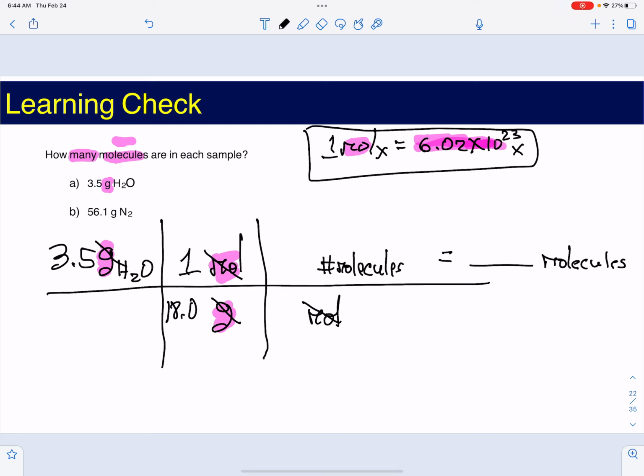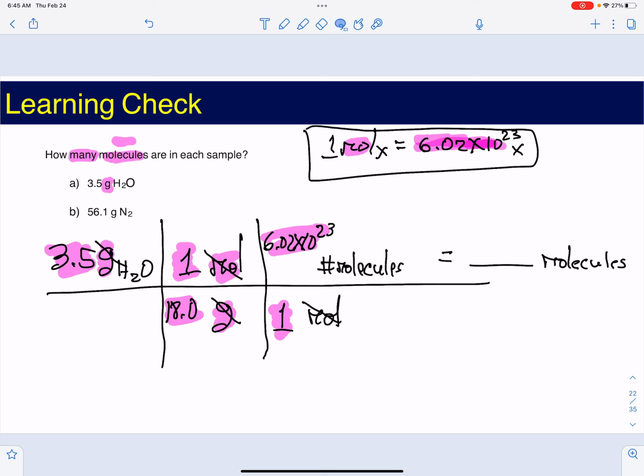Every time we're counting how many we have, it is the Avogadro's number. So 1 mole of anything, in this case molecules, is 6.02 times 10 to the 23rd. So for the calculator's purpose, 3.5 multiplied by 1 multiplied by the Avogadro's number divided by 18 divided by 1.